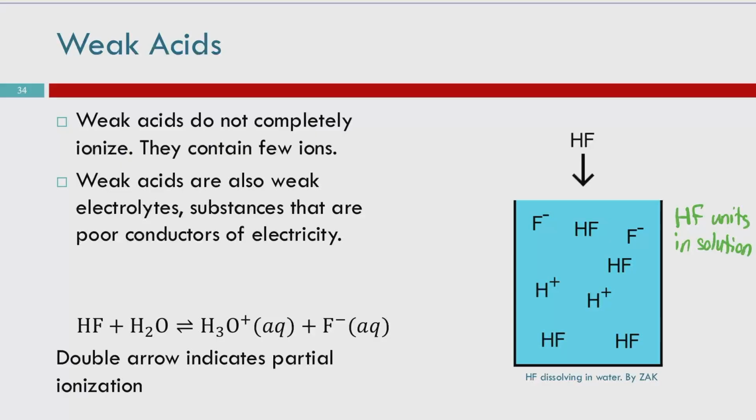And we can see in our very high-tech diagram, we've got HF floating around in there with our H pluses and our F minuses. There's a balance between the amount of H3O plus and F minus with the HF. So there will always be a little bit formed, but there will also be some of the HF present.